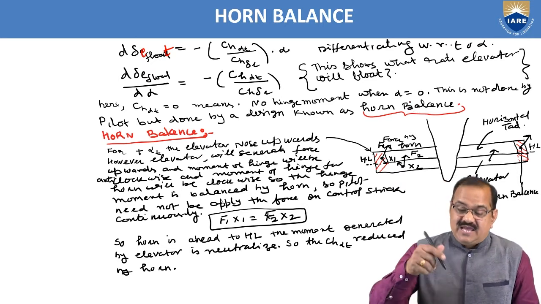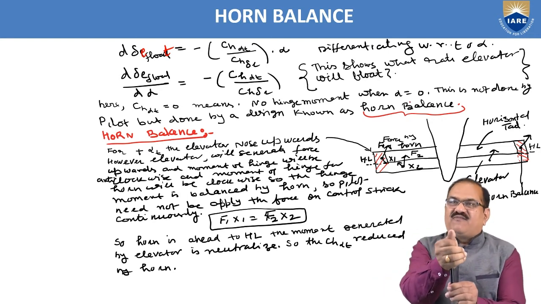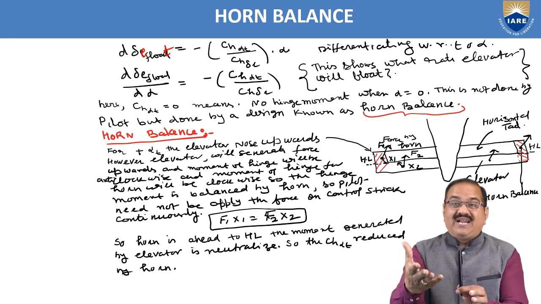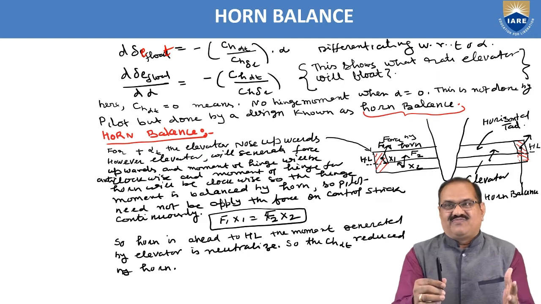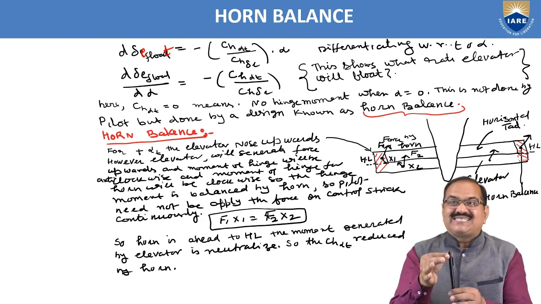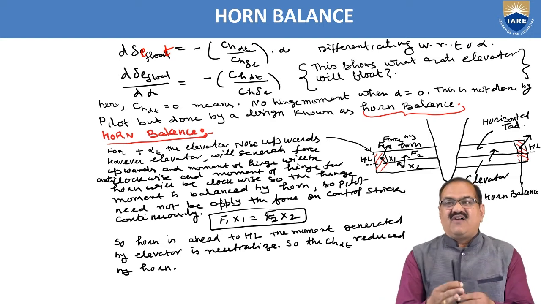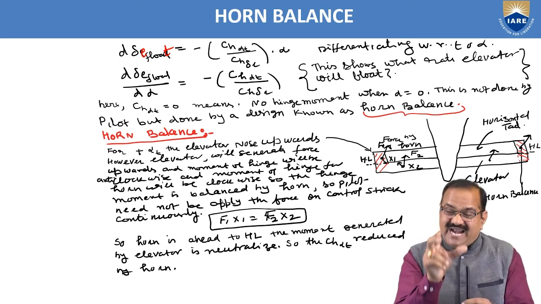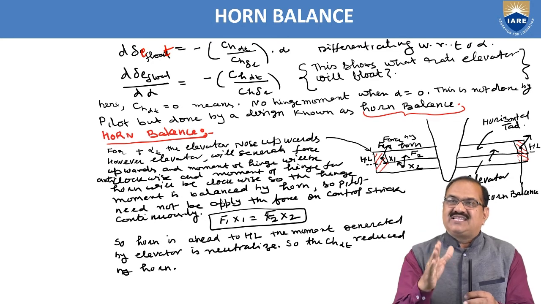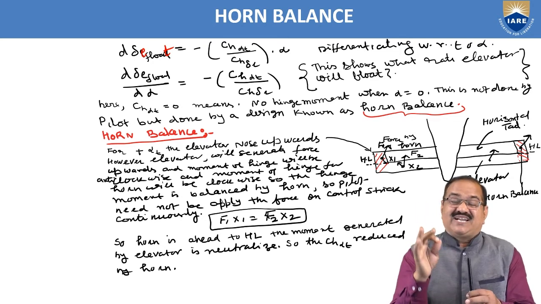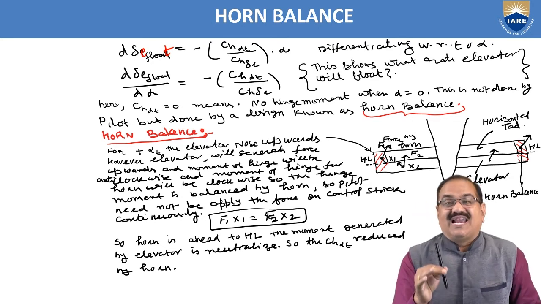The pilot is not going to apply some force for this. To make the moment CH alpha 0, we have to have some design of this aircraft in the control, and that part which we design to make CH alpha T 0 is called the horn balance.